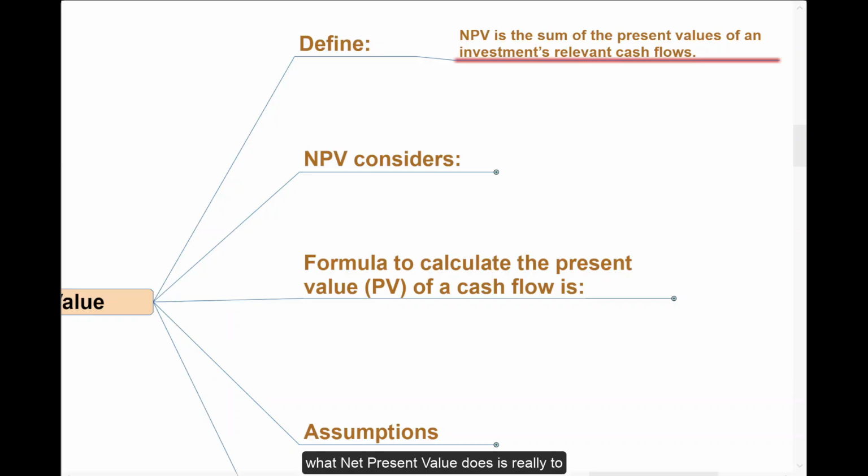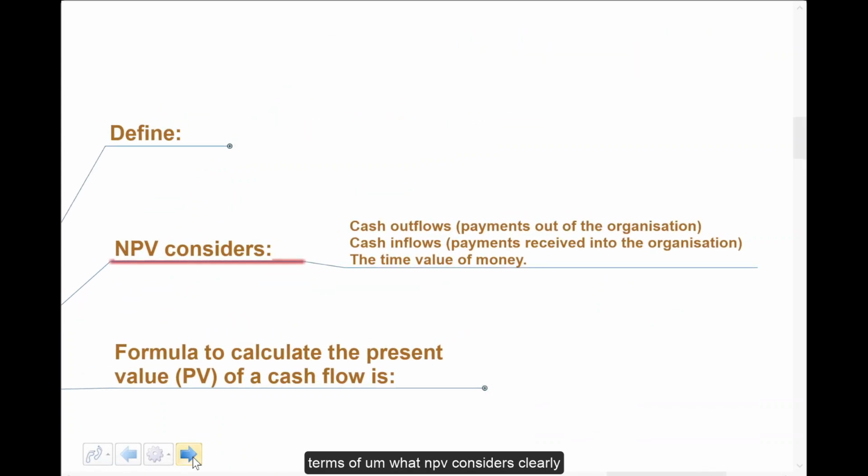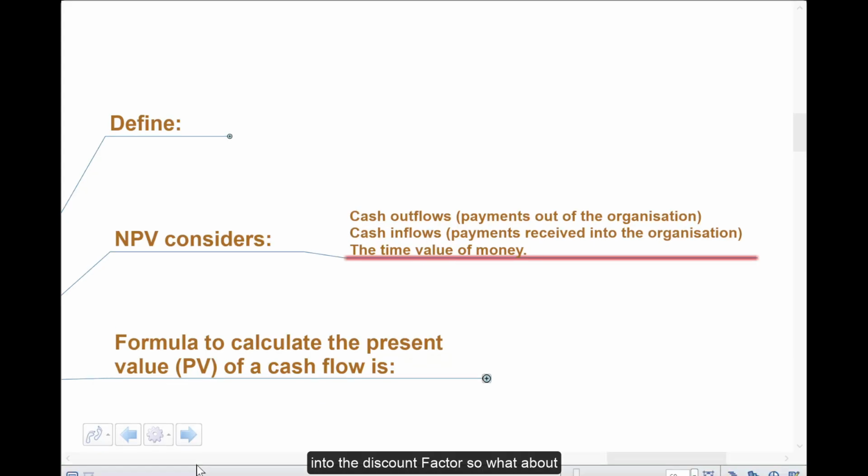And what net present value does is really to say, let's bring all of those cash flows back to now, or back to T0 in effect. Now, in terms of what NPV considers, clearly there are several areas, not least initial setup, the outflows, the inflows, and indeed the time value linked into the discount factor.